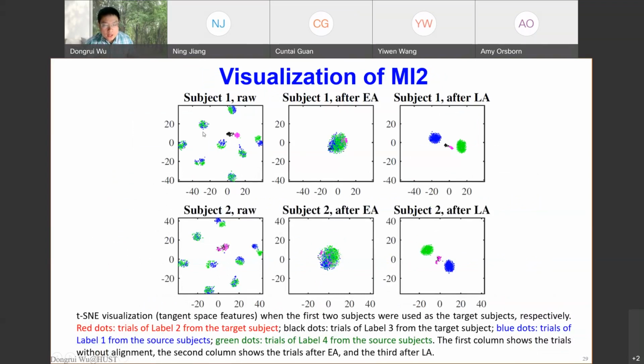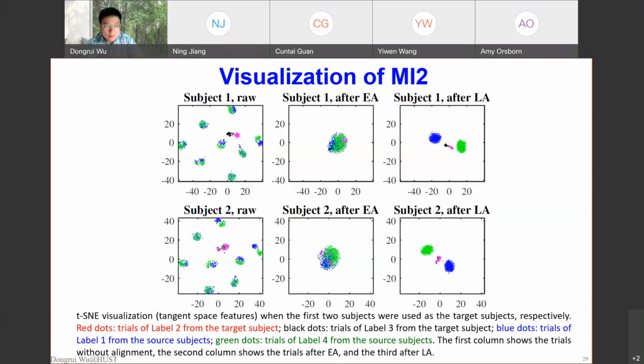Here, different colors mean different classes. The blue dots are data from 2 classes in the source domains, and the black and purple dots are data from the 2 classes in the target domain.